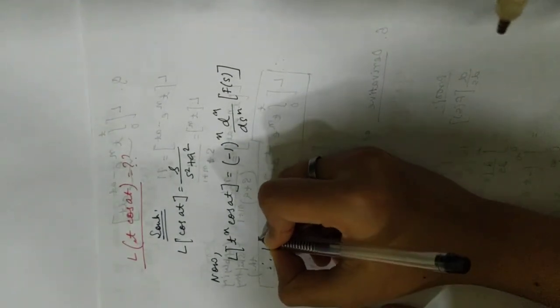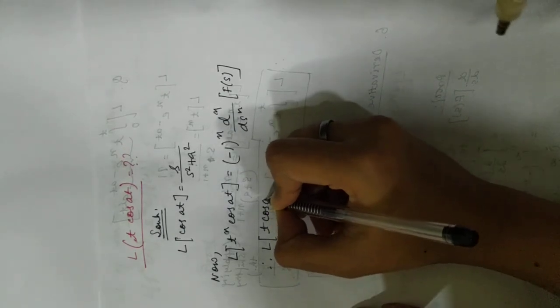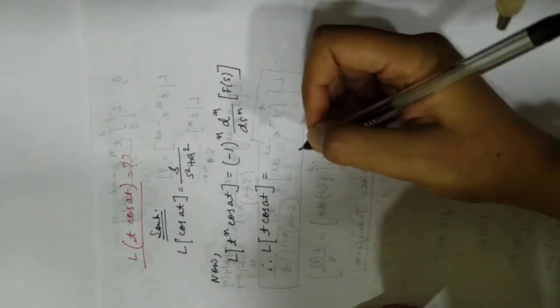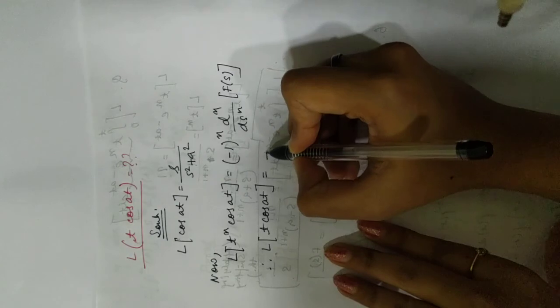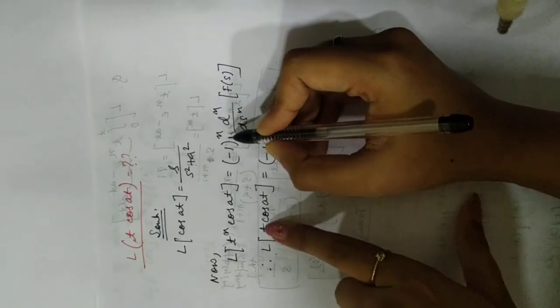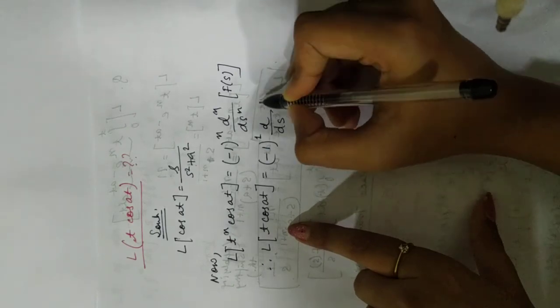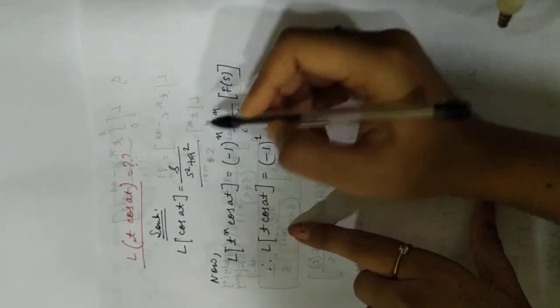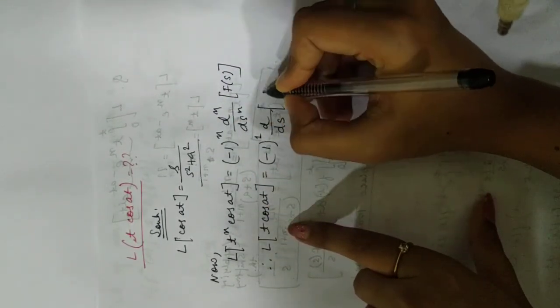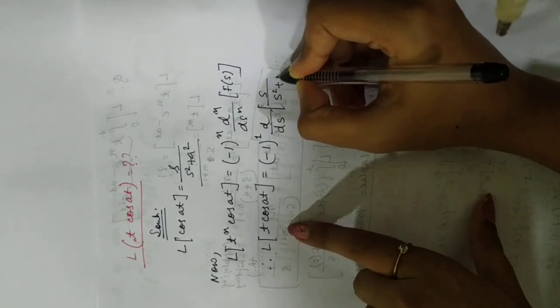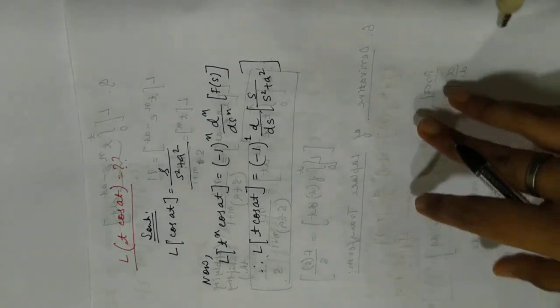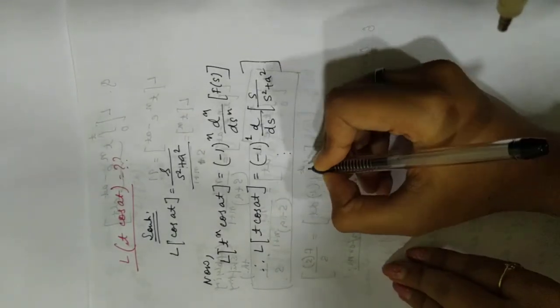Therefore, the Laplace transform of t cos at is equal to minus 1 to the power, over here n is 1, d1/ds of F(s), which is this. So we have s divided by s square plus a square. So you just need to do the simple derivative to get the answer. I'm not doing all the steps.